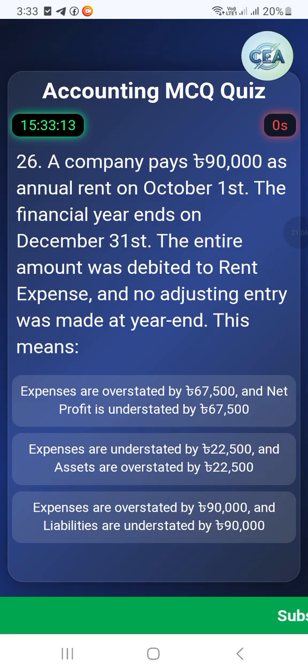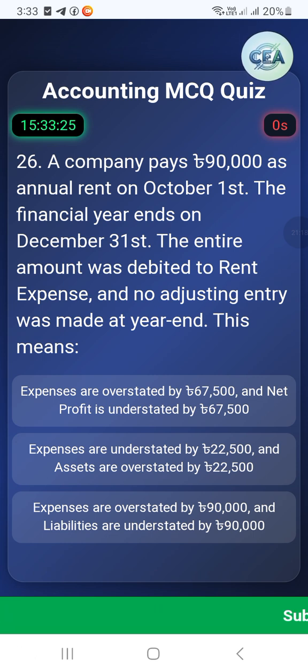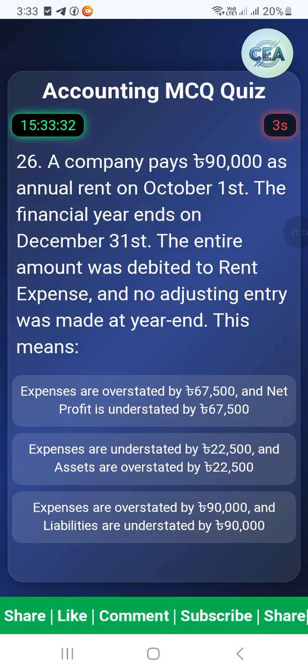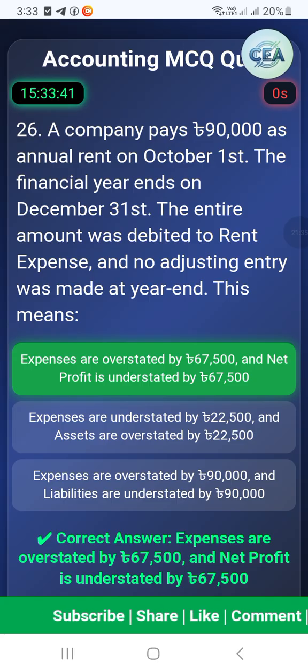Expenses are understated by 22,500 takas, and assets are overstated by 22,500 takas. Option 3. Expenses are overstated by 90,000 takas, and liabilities are understated by 90,000 takas. Correct answer is expenses are overstated by 67,500 takas, and net profit is understated by 67,500 takas.